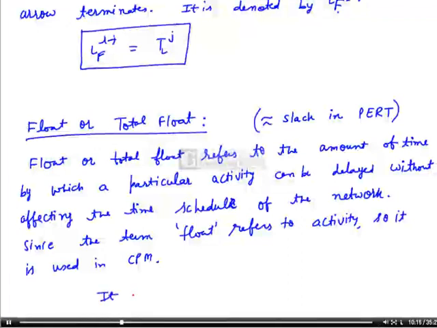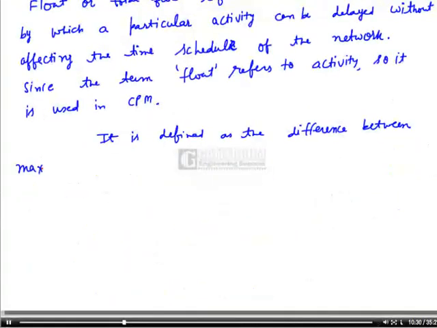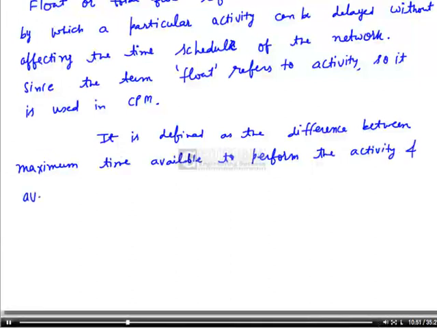So it is defined as the difference between maximum time available to perform the activity and average duration of the activity.